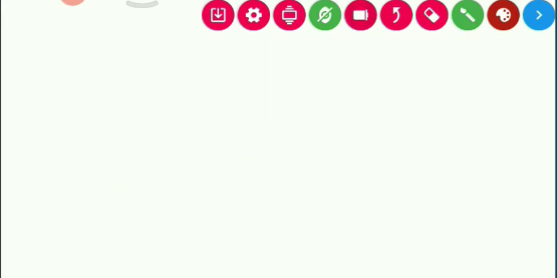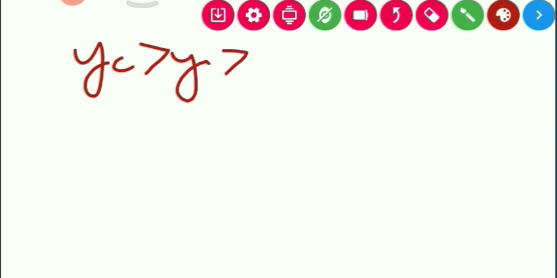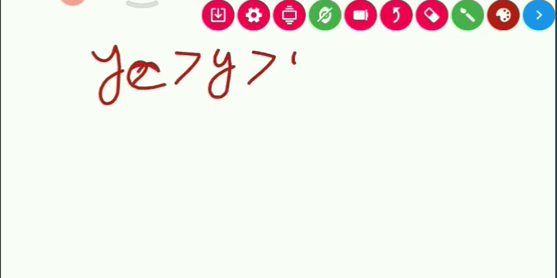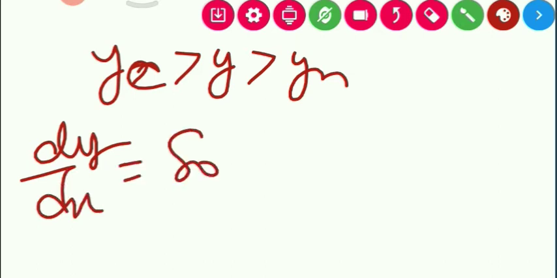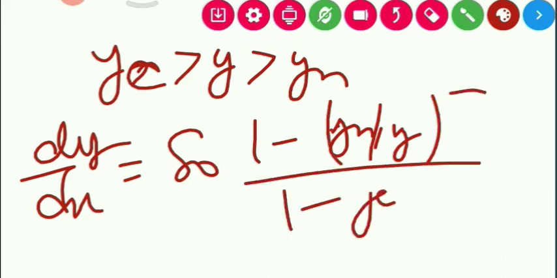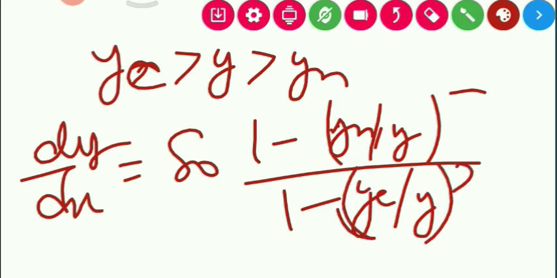Similarly, if we see the case where yc is greater than y greater than yn, what is the value of dy by dx? We have S0 times 1 minus yn upon y to the power something, and 1 minus yc upon y to the power something.